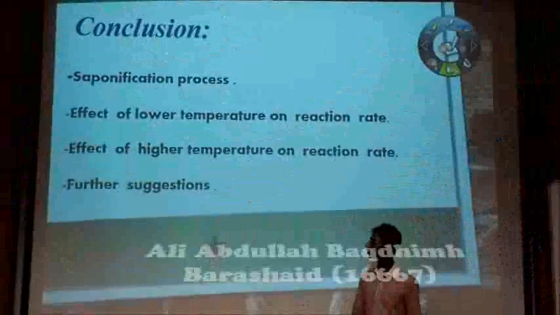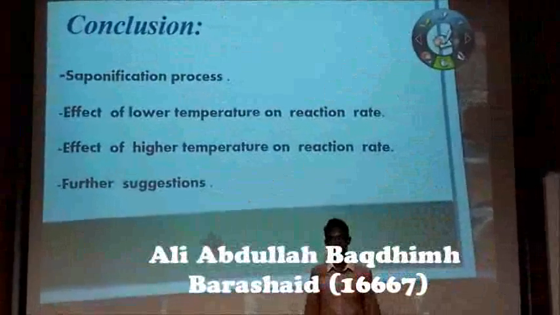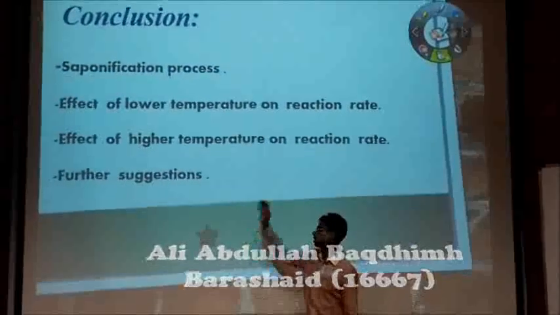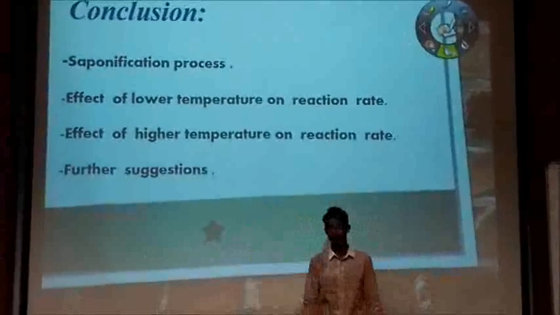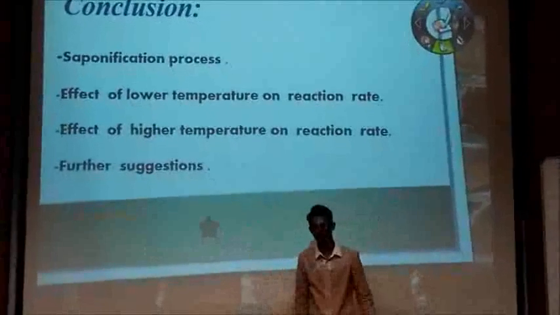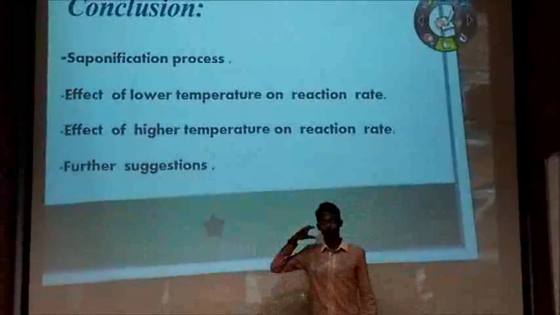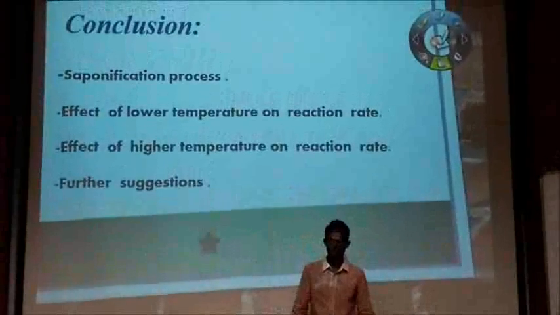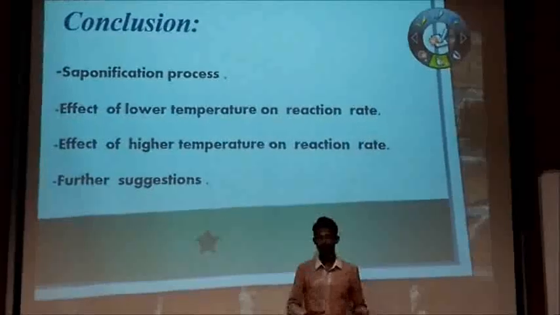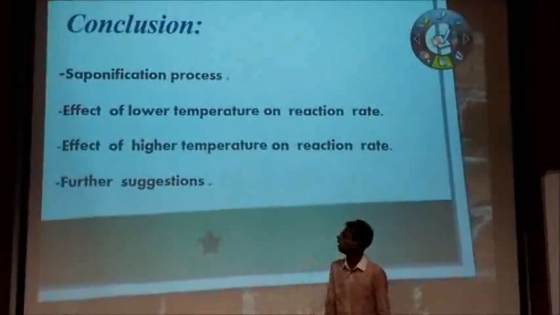This is me, Ali, again, and now obviously I'll talk about the last part of our project and experiment, which is the conclusion part. First of all, the saponification process, as my friends already told us before, the saponification process of sodium hydroxide and ethyl acetate is held in a batch reactor under very regulated and fixed temperatures, about 40 degrees Celsius.